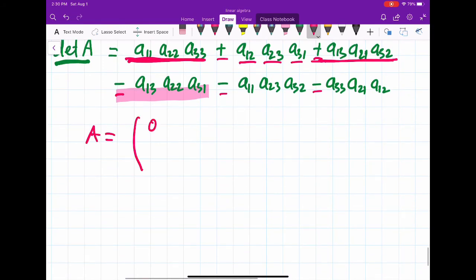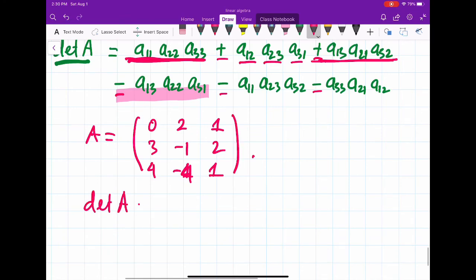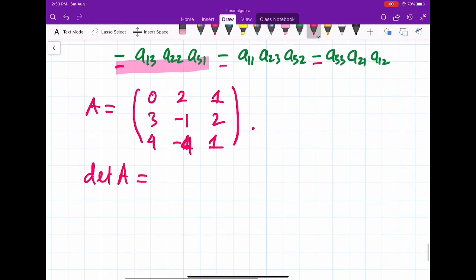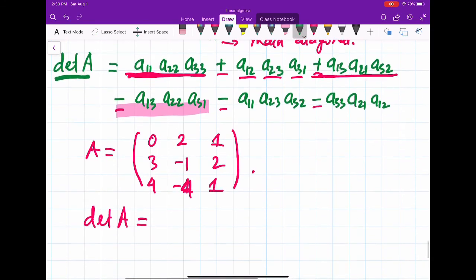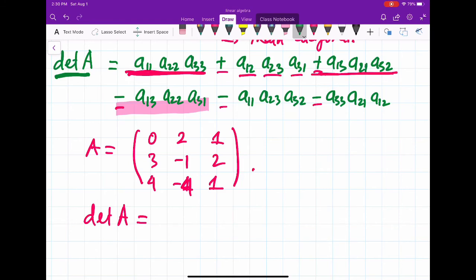A is 0, 2, 1; 3, negative 1, 2; 4, negative 1, negative 4, 1. Let's find the determinant of A. So I will use that formula again. Sometimes you don't have to memorize this formula. You just need to memorize the idea, how to write all terms of this formula.